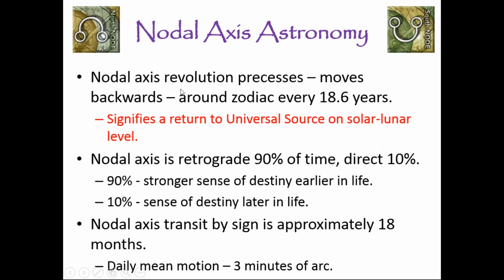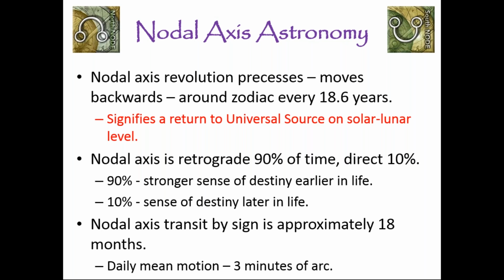The nodal axis revolution precesses. It moves backwards. It takes 18.5 years to go around the zodiac. This reversing of the nodal axis, many astrologers in general have felt, signifies a return to universal source on a solar lunar level.